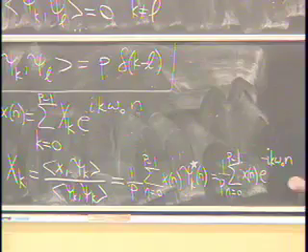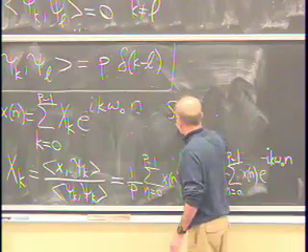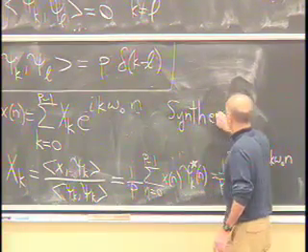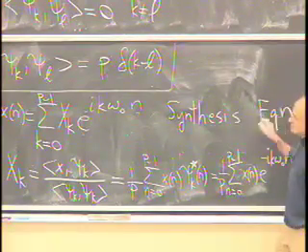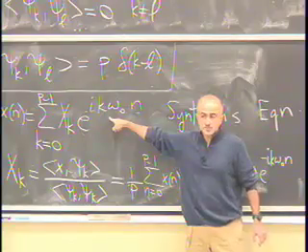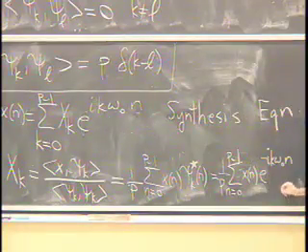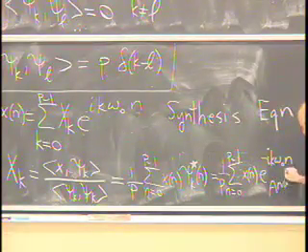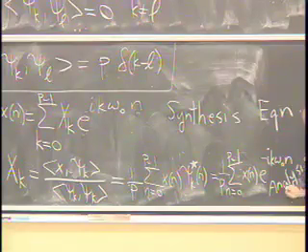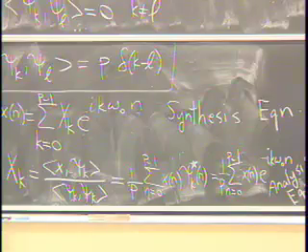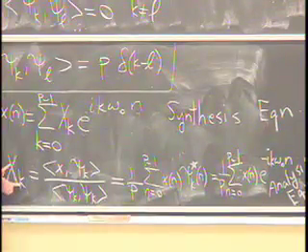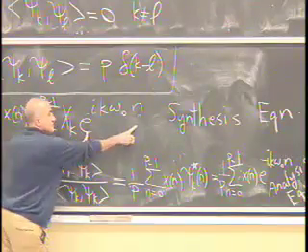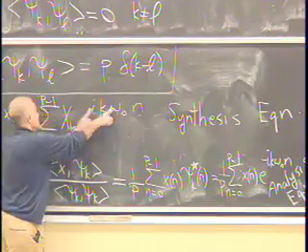We said this is the synthesis equation. It's the equation that tells you how to synthesize the signal x from a bunch of complex exponentials. And this is called the analysis equation. It's the equation that tells you how much of each of these frequencies is present in this signal.